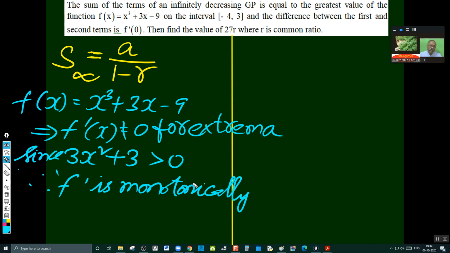Value when x is equal to 3 तभी ग्रेटेस्ट होगा. हाँ f of 3 लिखना पड़ता है. करेक्ट है. हाँ क्योंकि मोनोटोनिकली इंक्रीजिंग है.